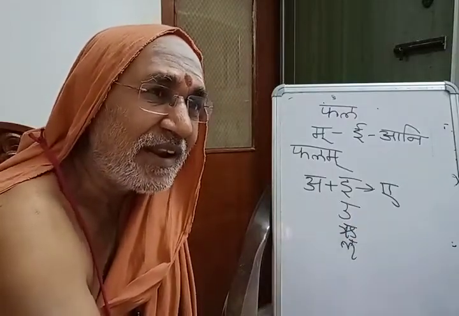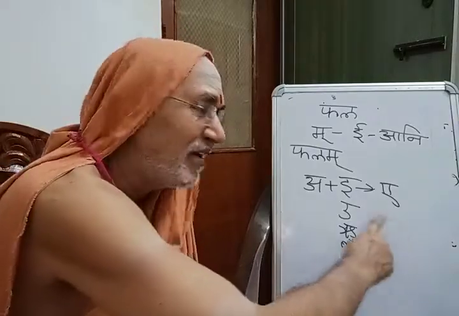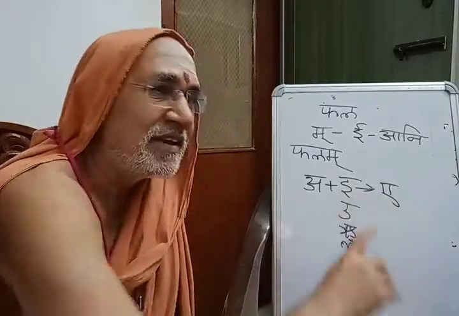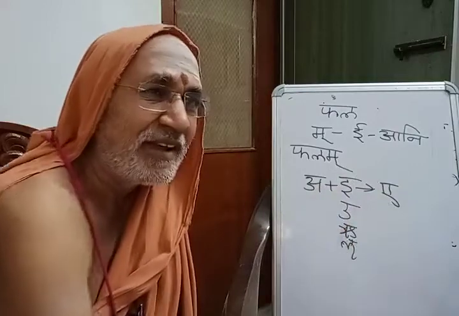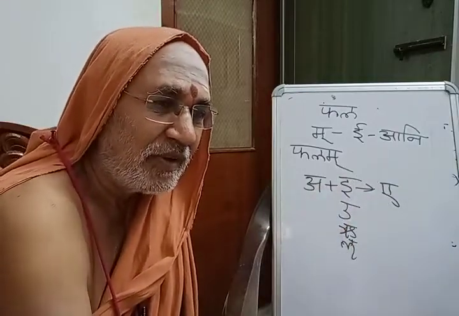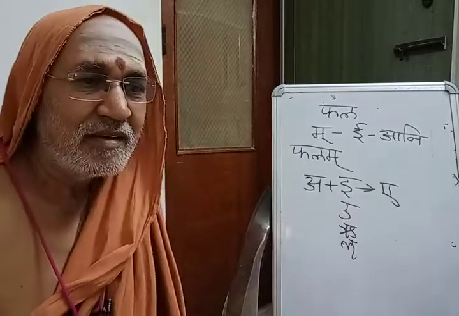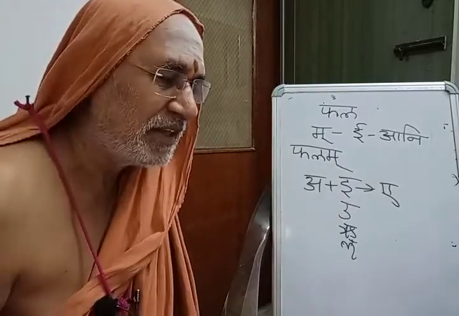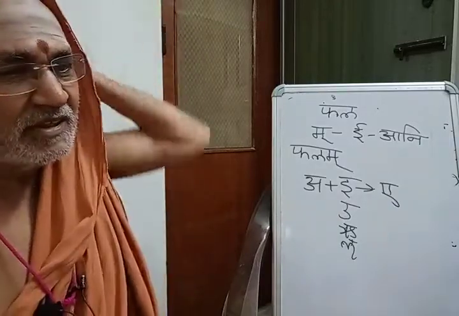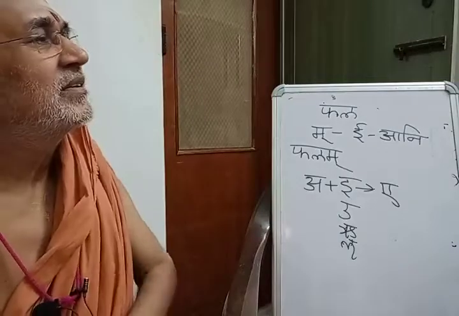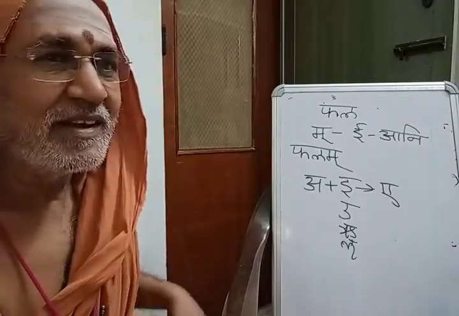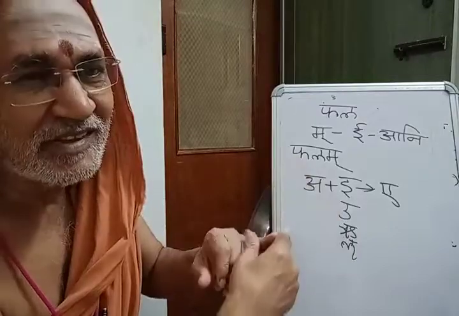A plus Ru, Ar. So Ar is the guna. Here you can write 3: Rameshwara, one example. Gangodaka, second example. And Maharshi, Brahmarshi, Devarshi, any Rishi. So these 3 examples are of Guna Sandhi.